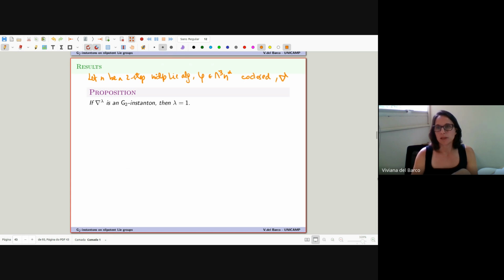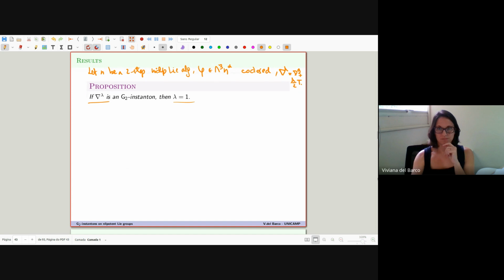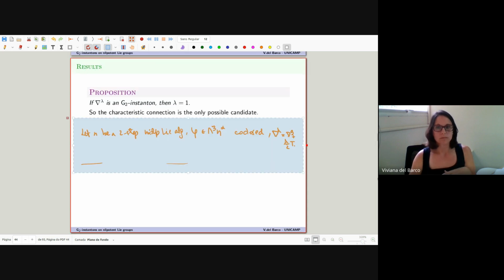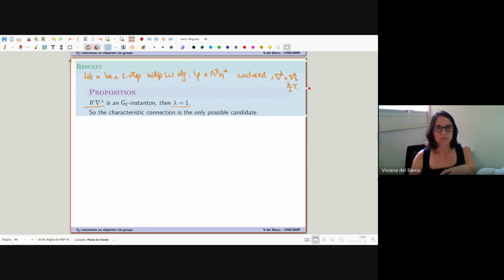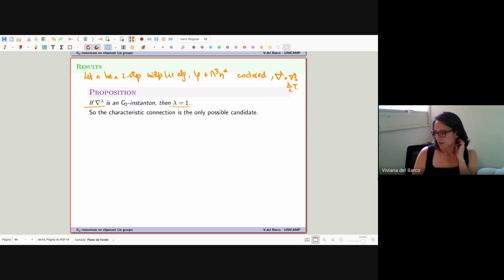And nabla lambda is nabla g plus lambda over 2 times T. So if this connection is a G2 instanton, then lambda needs to be 1. That means that in this family that we consider, the only possible candidate is the characteristic connection, the one by Friedrich and Ivanov. Okay.